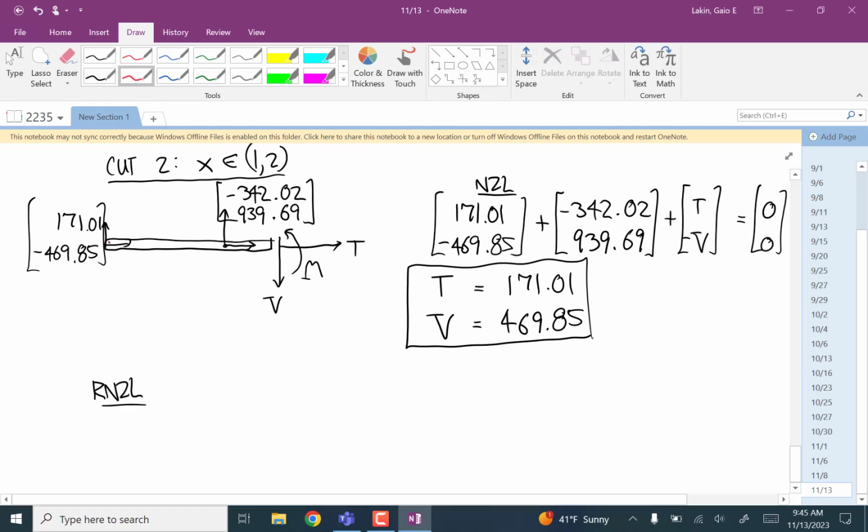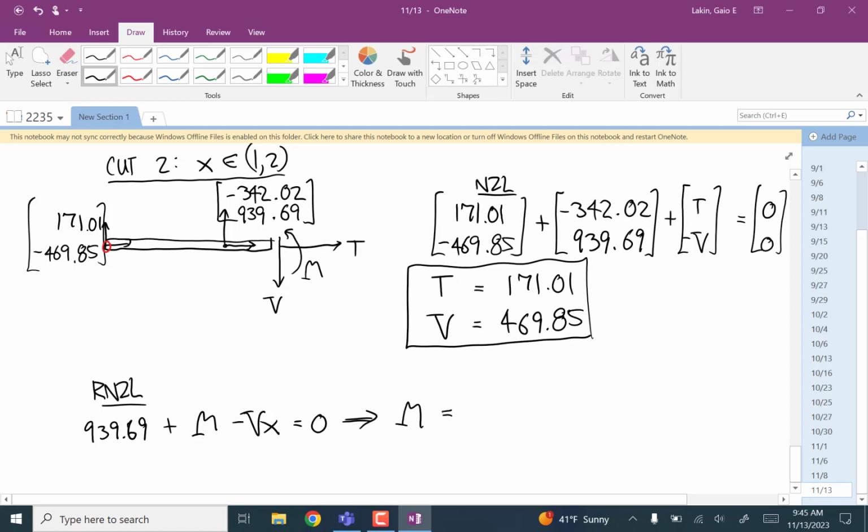And then the moment equation, where that's the about point. The x component doesn't produce any moment. The upward force of 939, that's a counterclockwise moment with a moment arm of 1. So we have 939.69 plus M minus Vx is equal to 0.